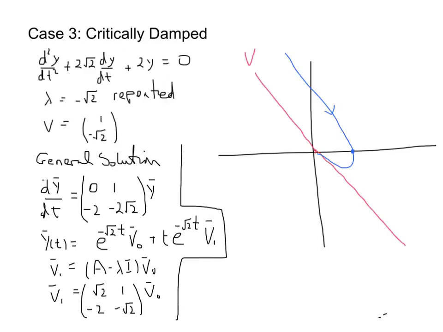The third and final case is the critically damped example, and as I said, this is a transition between spiraling and just being a straight sink with an overdamped sink. In this case, this is an example of something that's critically damped because it has a repeated eigenvalue of -2. I actually jumped the gun here.